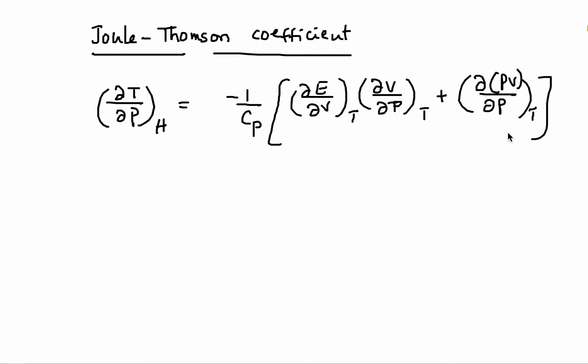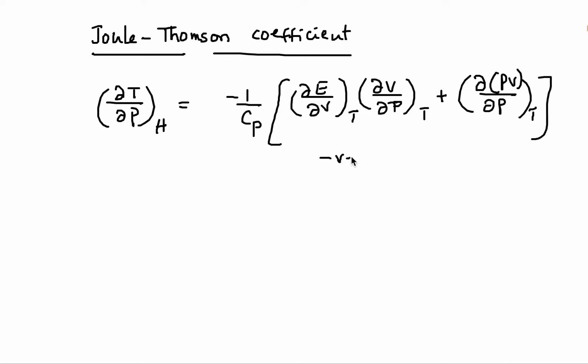In the last case we proved that this is a negative term, always negative, when the temperature is ambient and the pressure is not very high, like low and moderate pressures. But this other term is going to be a positive term. So one is negative and one is positive.